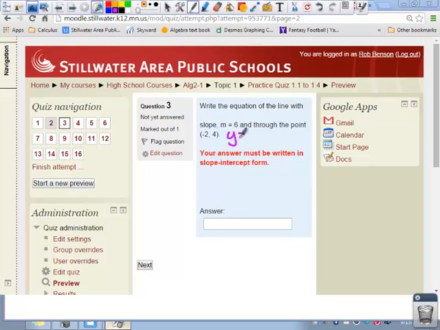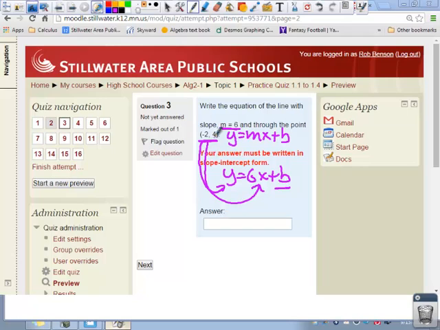We know the m, they gave that to you, so we start with y equals 6x plus b. Now we take this point and plug it in, because our goal is to solve for this b.